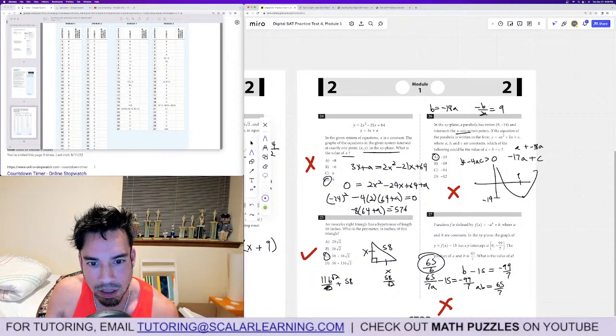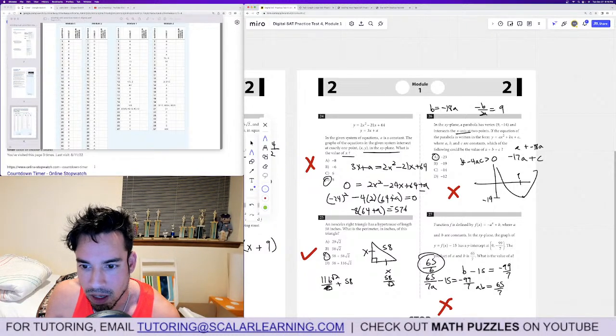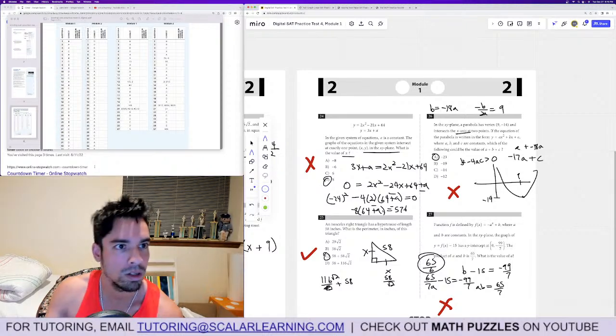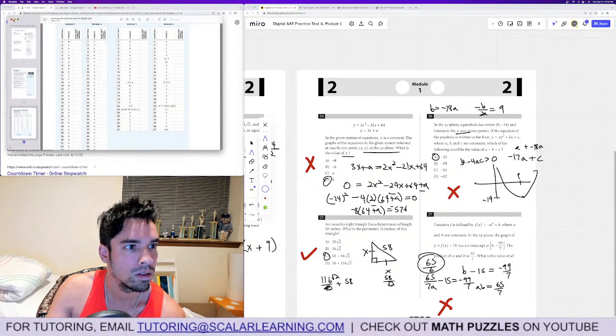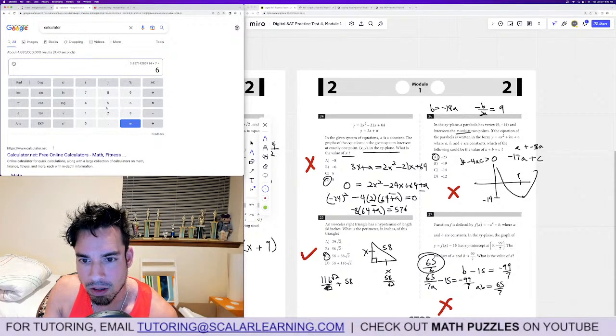But I don't think that alone will explain the mistake, because even if this is minus, I'm dividing by negative 8. Hold on, let's see if I can figure this out. Let me see if I made any other mistakes here.